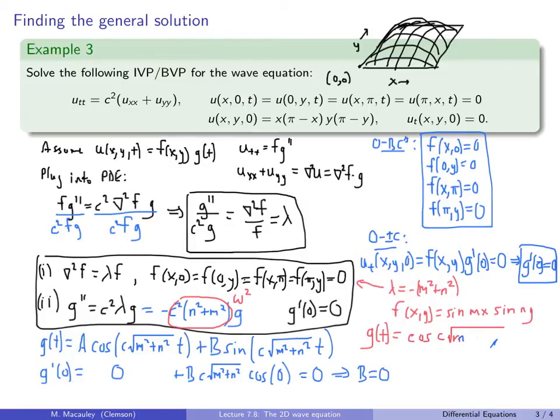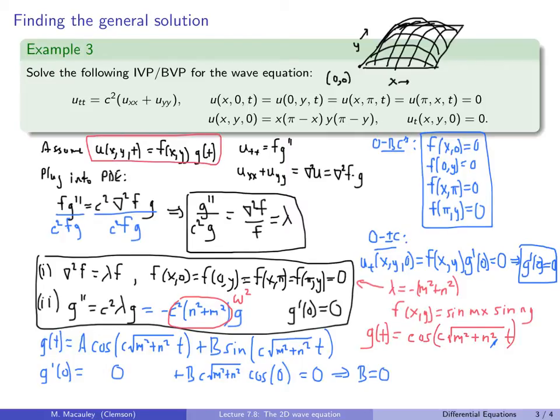I'm using the wrong color. M squared plus n squared times t. Okay, so now what we have is a solution of this form.